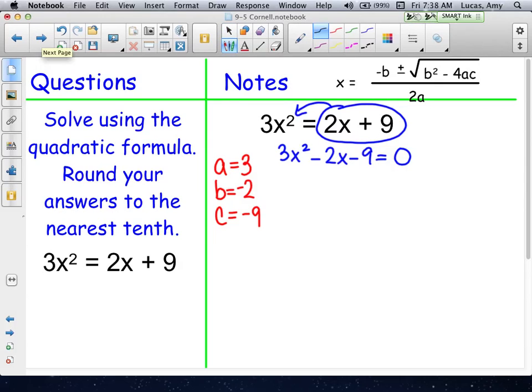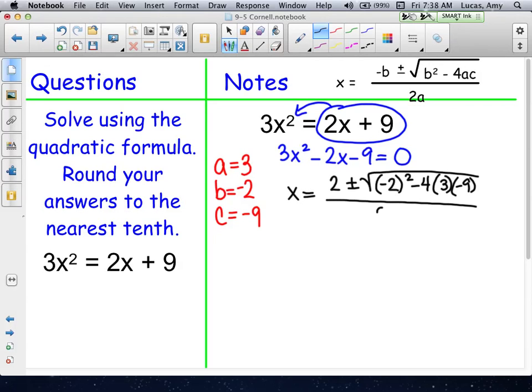So x equals, the opposite of negative 2 is positive 2, plus or minus the square root of negative 2 squared minus 4 times 3 times negative 9. All divided by 2 times a, and this time 2 times a is 2 times 3, which is 6.